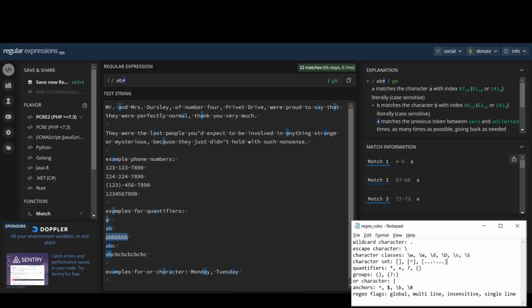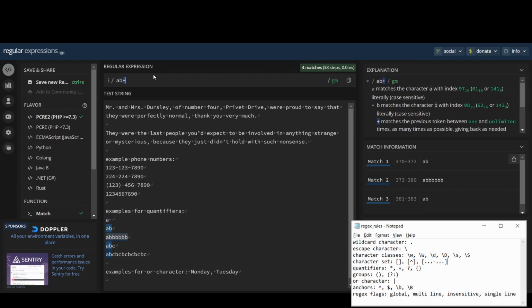ABBBBB are also being matched because whenever we are adding these quantifiers, it serves as an operator that acts on the letter preceding it. So when we type this B asterisk, we are saying that the B can be optional. We can accept there's no B at all, and we can accept there's one B, or we can accept there are more B's.